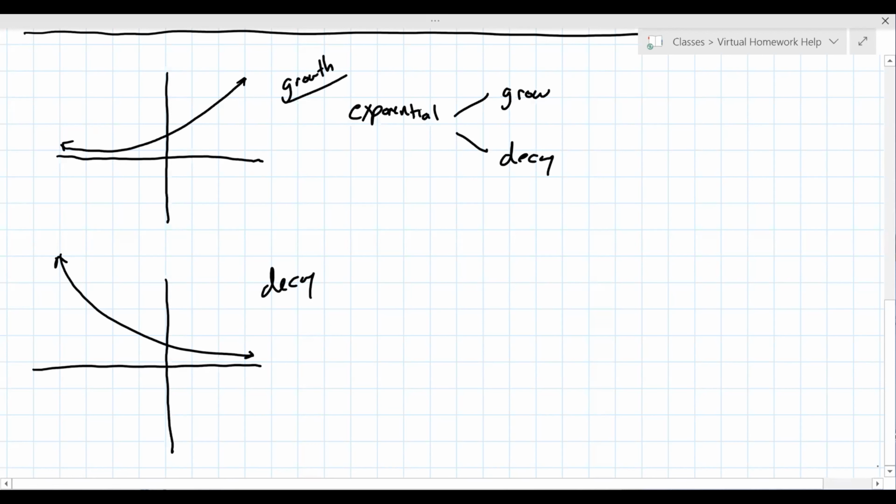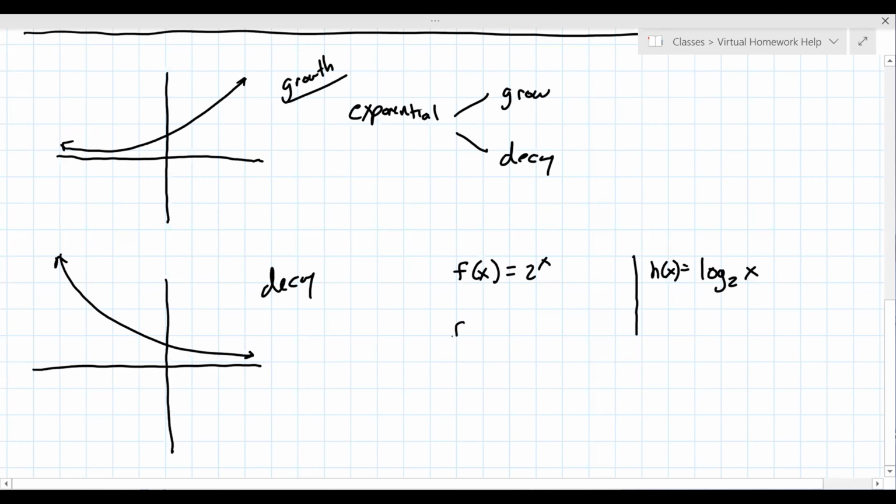If you're not quite sure what I'm talking about, this topic is sometimes covered in Algebra 2. It's definitely covered in pre-calculus. But if we look at a function, say 2 to the x, which is an exponential function, it's a growth function, it is related to log base 2 of x as its inverse function.